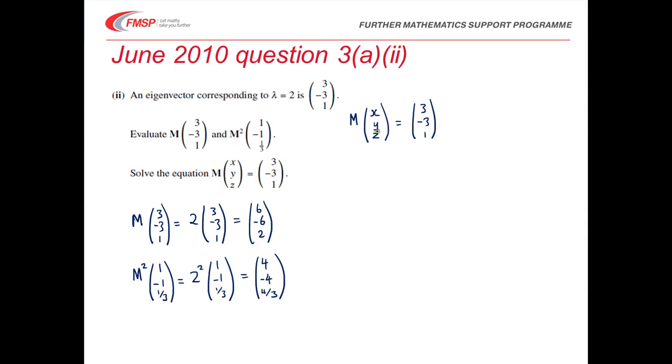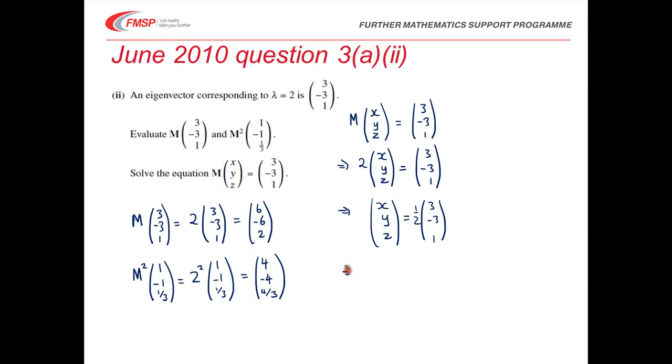Well, because I get an eigenvector, (x, y, z) must also be an eigenvector corresponding to the same eigenvalue, so I get this, and therefore (x, y, z) is equal to a half of (3, -3, 1). So x is 3 over 2, y is minus 3 over 2, and z is a half.